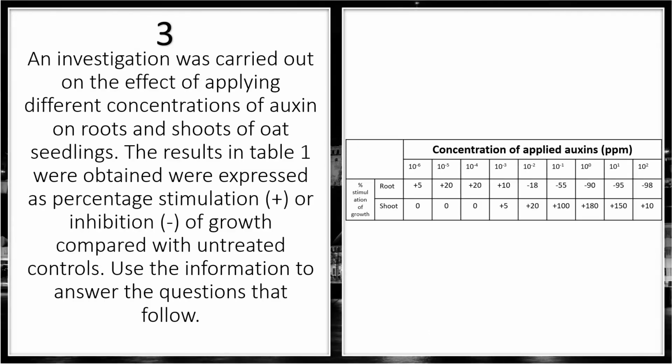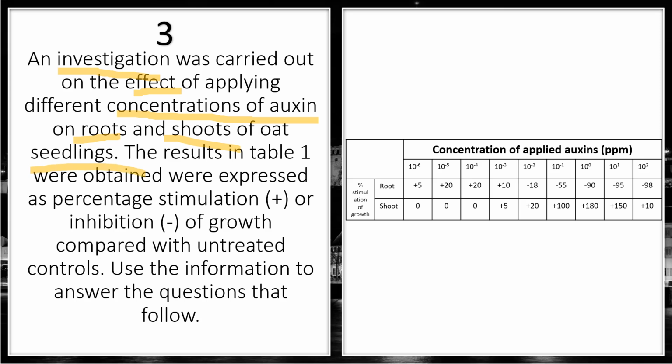Number 3. An investigation was carried out on the effect of applying different concentrations of auxins on roots and shoots of oat seedlings.